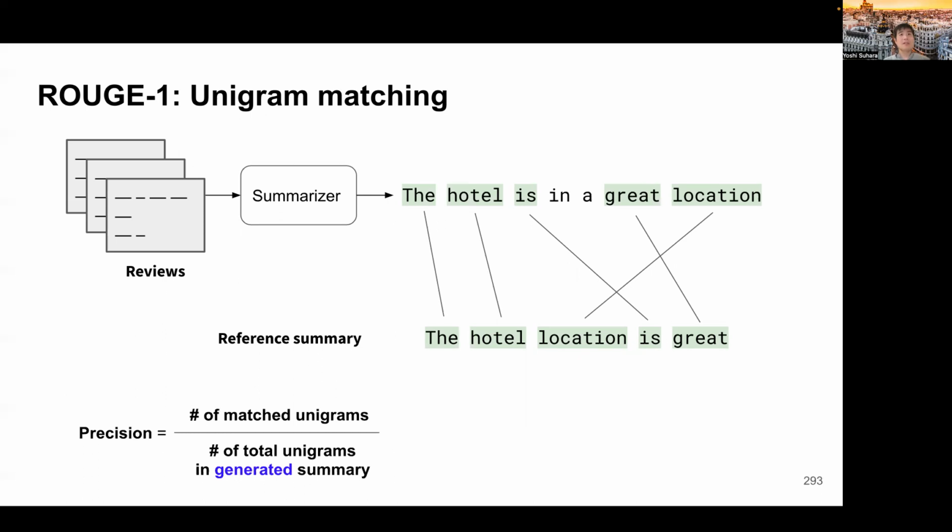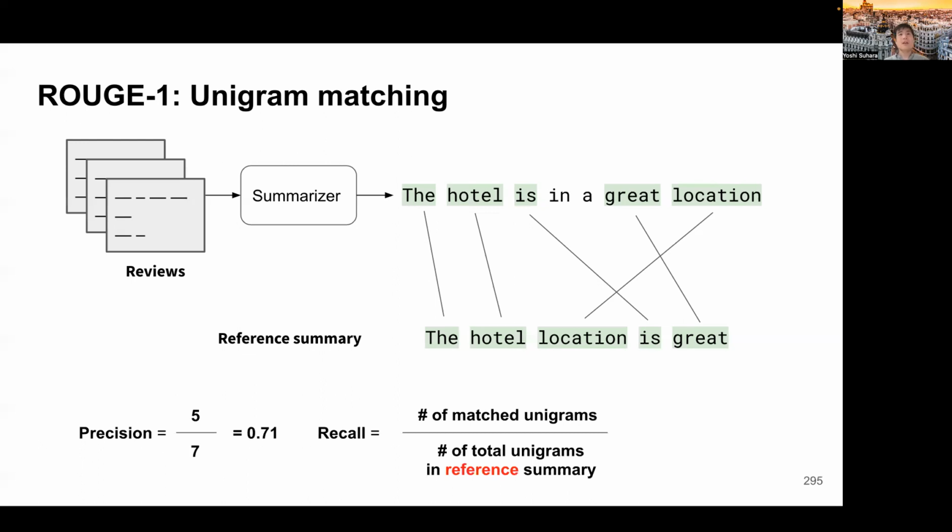The precision can be calculated by the number of matched unigrams divided by the total unigrams in the generated summary. We have 7 unigrams in the generated summary, so the precision can be calculated by dividing 5 by 7. For the recall, we consider the total number of unigrams in the reference summary instead.